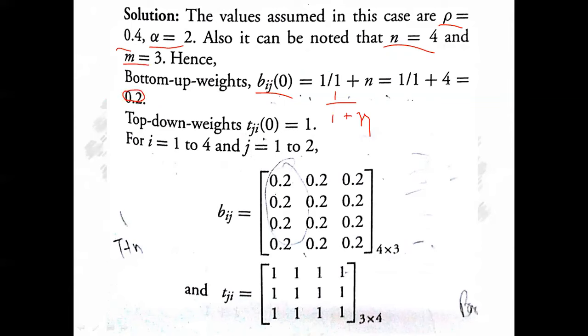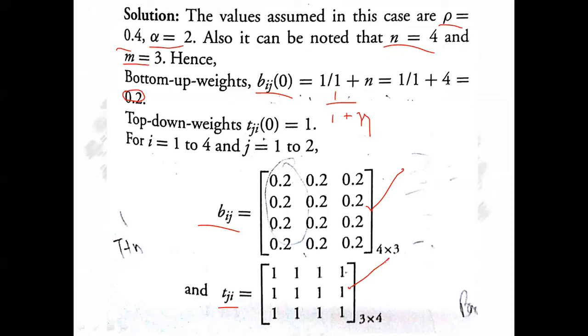So all your B of ij matrix, means all your bottom up weights, are initialized with value equal to 0.2 each. And in the same way, your top down weights, as our output layer contains 3 neurons and our input interface layer contains 4 neurons. So the Tij will be of dimension 3 by 4, containing 3 rows and 4 columns.